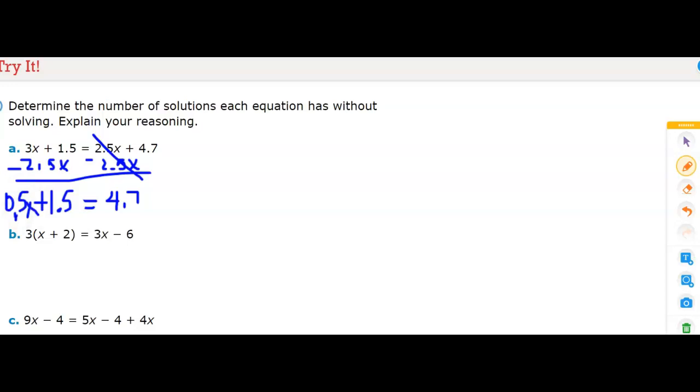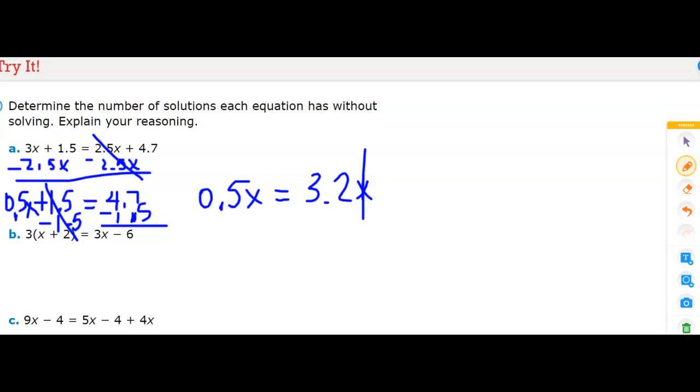All right, and then we have to subtract the 1 and 5 tenths from both sides. That cancels, so we're left with 0 and 5 tenths times x is equal to 3 and 2 tenths times x, and that's positive. Oh, there's no x, so sorry.